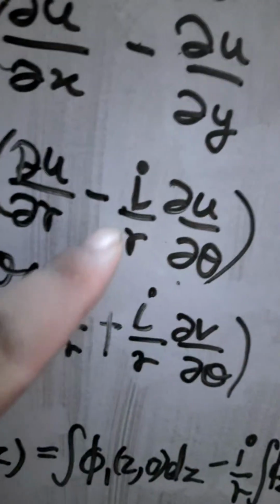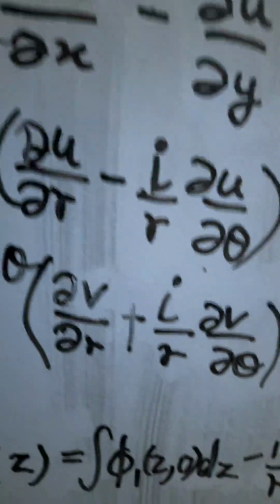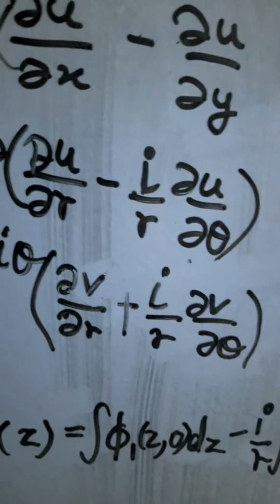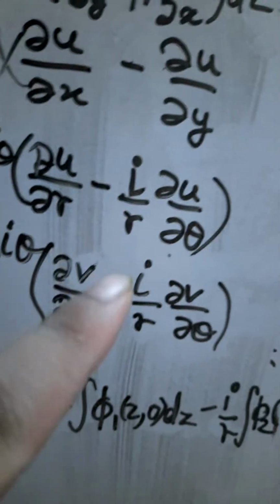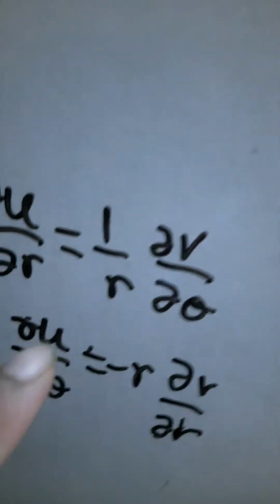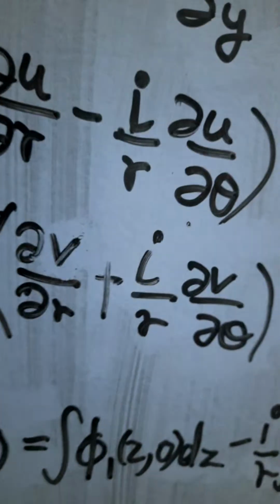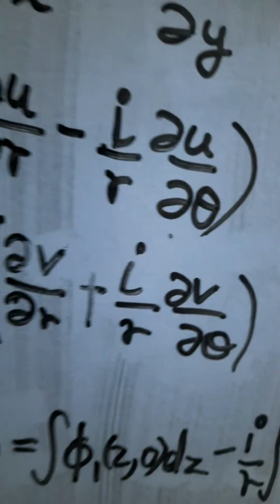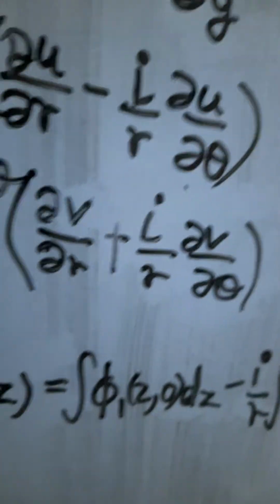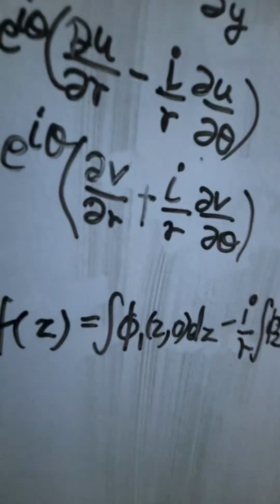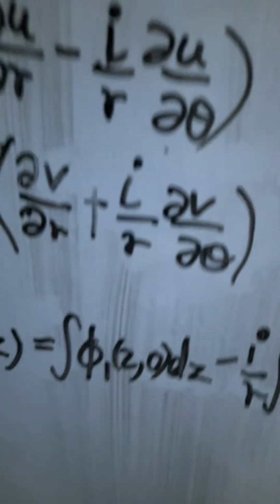U always has a negative sign in between, and I by r is there because I is there since this is a complex function, and divided by r is there because the Cauchy-Riemann equation also has 1 by r. One time you divide by del r, and one time you divide by del theta, and the Cauchy-Riemann equation has that. So this is the only way I can give you to remember this formula.